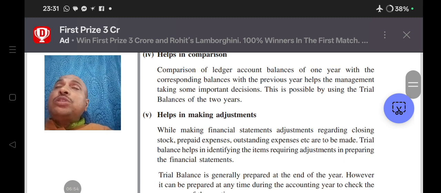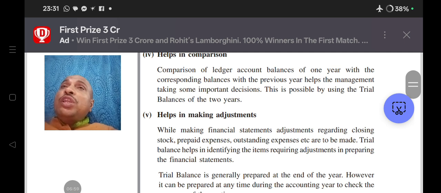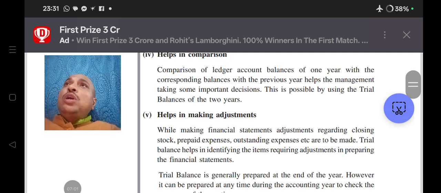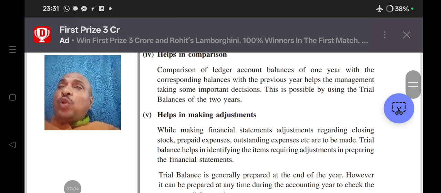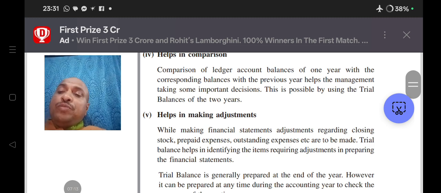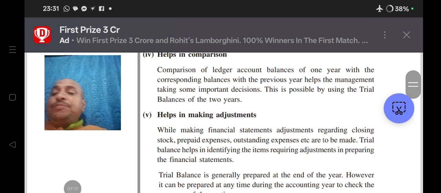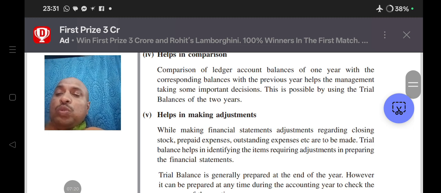Here adjustment means there are so many transactions that need to be entered in the books of account to follow the accounting standards, accounting principles and guidelines, so that we can present the true picture of a concern. So, to pass all those entries while preparing final accounts, the trial balance helps us.